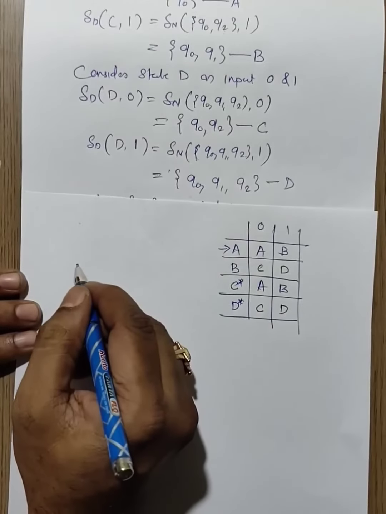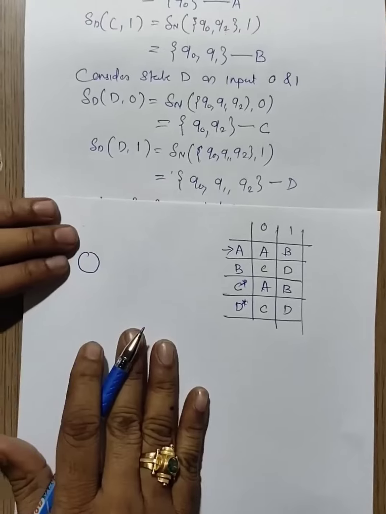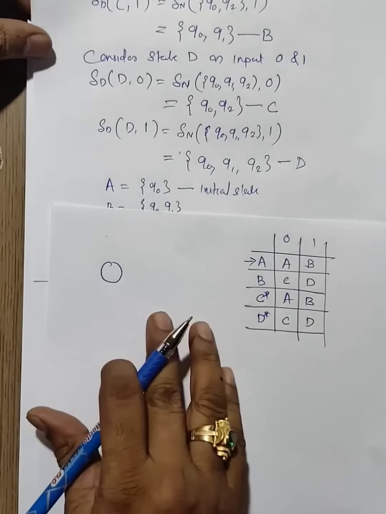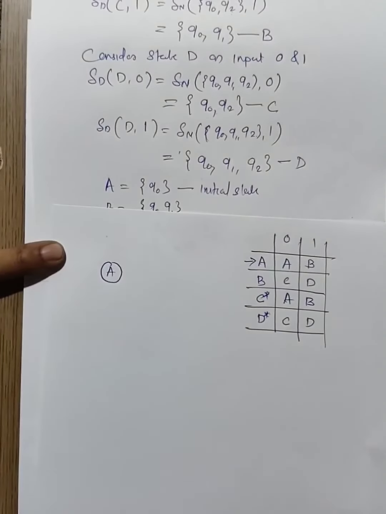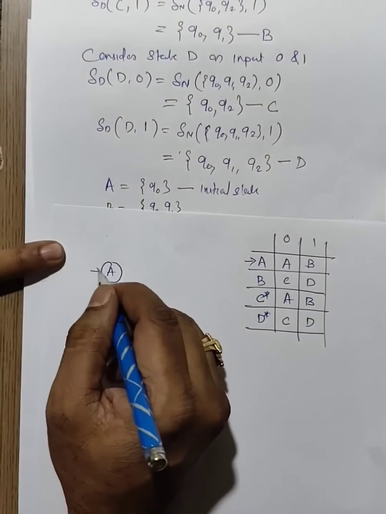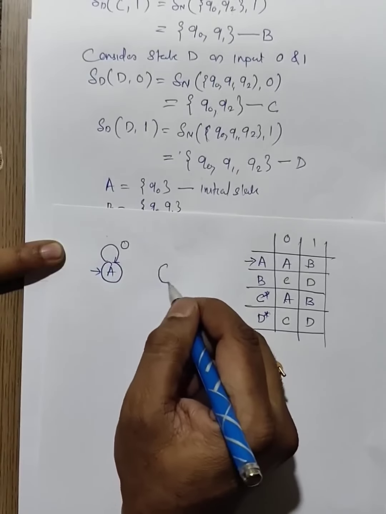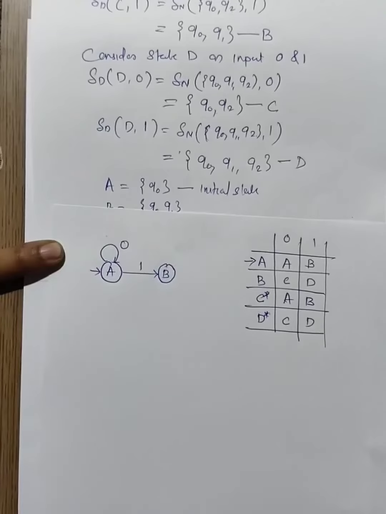DFA for this: A is the starting state. A to A on 0. A to B on 1.